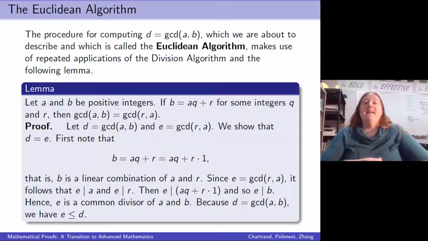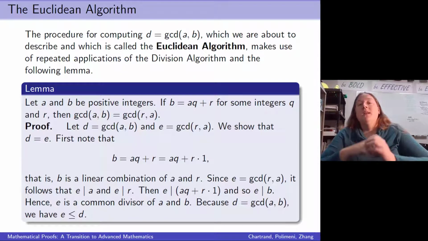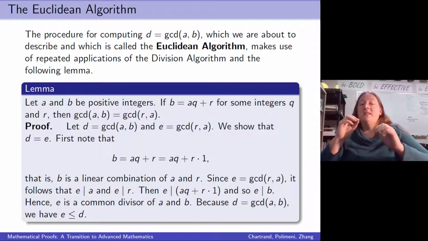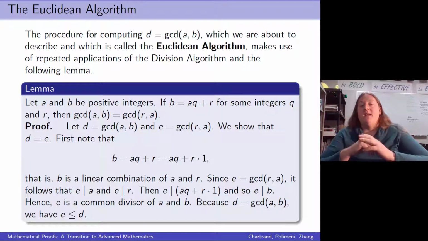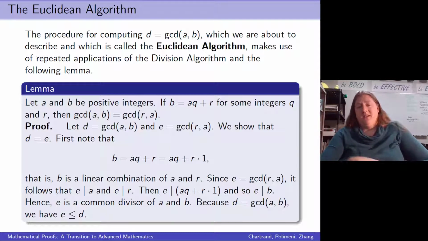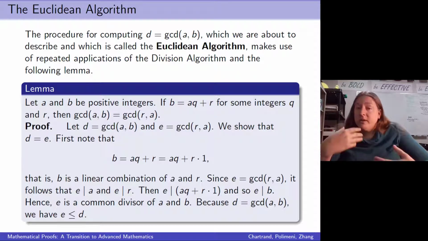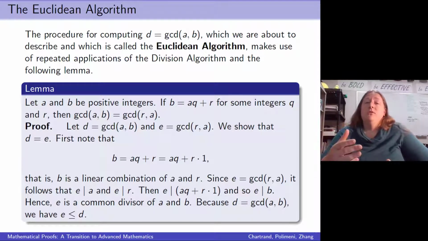So this lemma says, let a and b be positive integers. If b equals a times q plus r for some integers q and r, then the GCD of a and b equals the GCD of r and a. So let's take a look at the proof of this to convince ourselves that it works, because it's really important that it actually is true in order for our Euclidean algorithm to work.